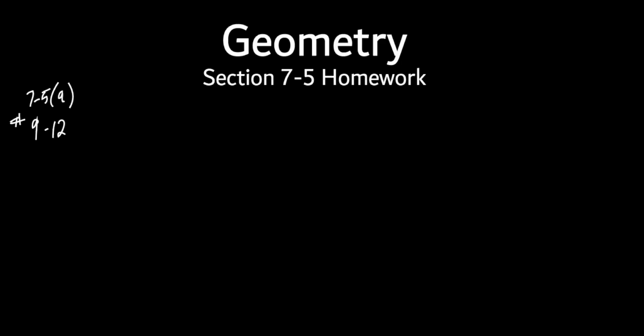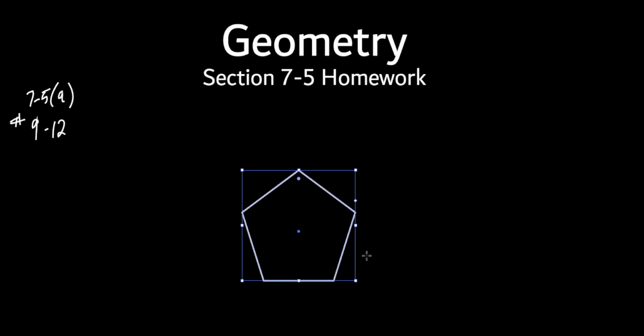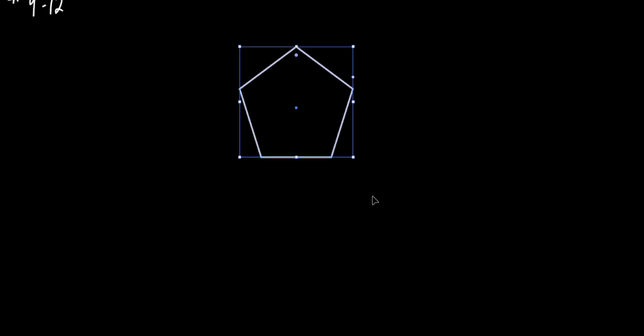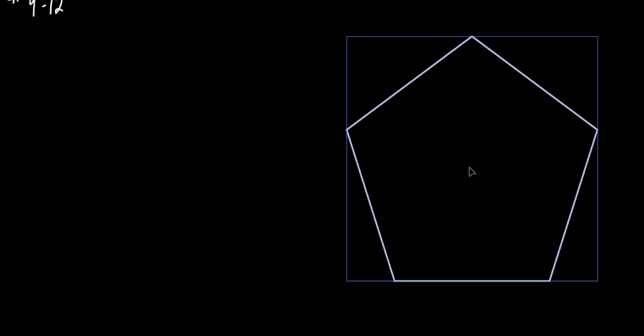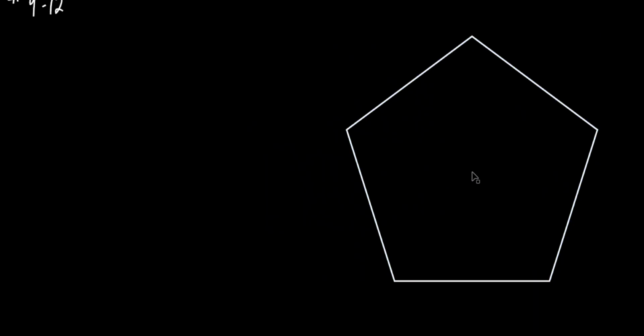It's a regular pentagon. So let me put a regular pentagon up right there. Let's scooch it here so we can make it a little bit bigger. That should be good enough. And there's the center, and they draw a bunch of stuff.